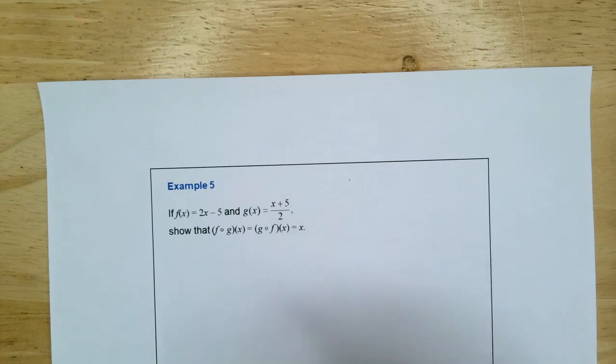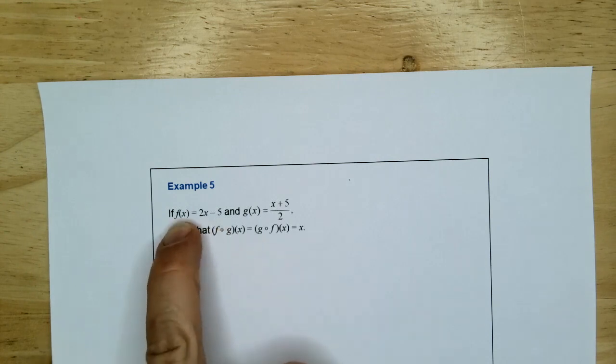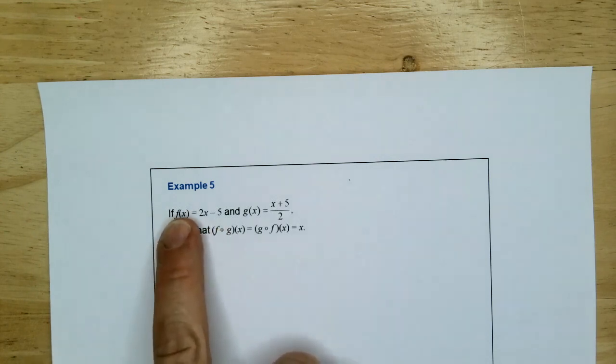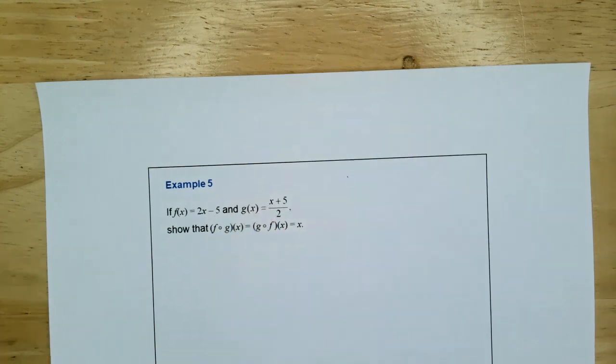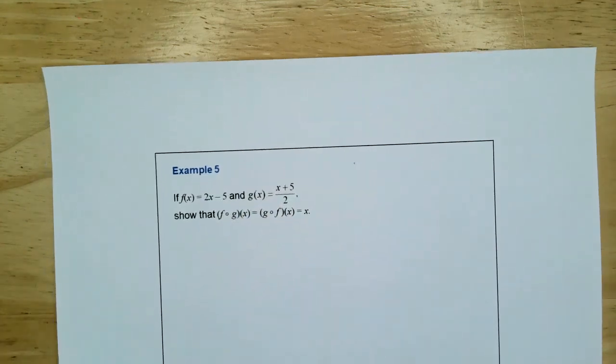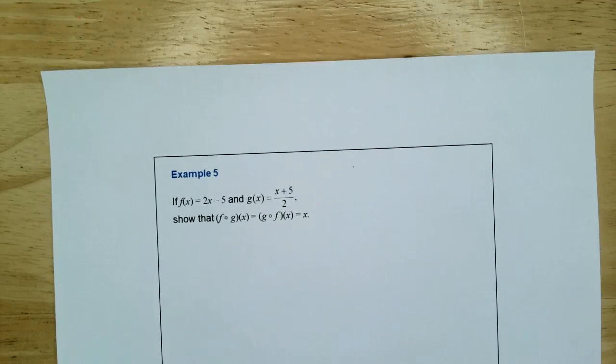So you can see that some of the operations are the inverse. The operations of f of x are the inverse of the operations of g of x. And when you combine them via substitution, they undo each other.